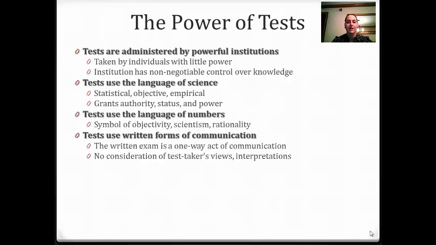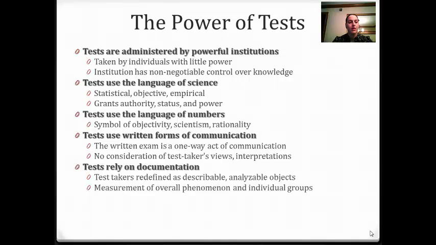It's usually graded as incorrect or correct based on the way that the institution in power is negotiating that knowledge. It relies on documentation. So once those tests have been taken, they are coded into scores, right? And it becomes an object. The test taker is really removed from that score.